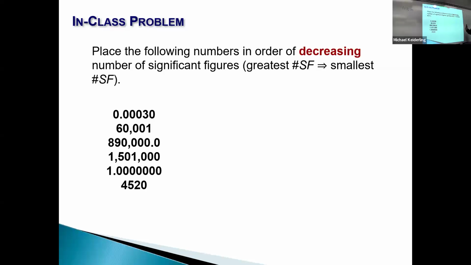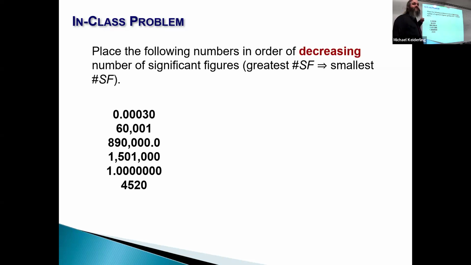So here, let's go through these. We want to place the following numbers in decreasing order of significant figures, from the most significant figures to the least. So which of these numbers has the most significant figures? You say this one?